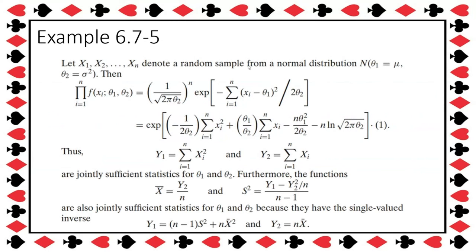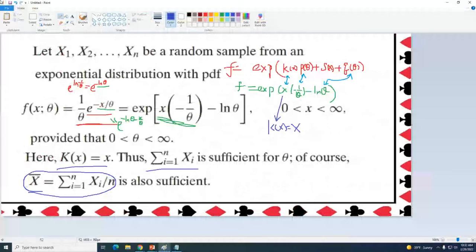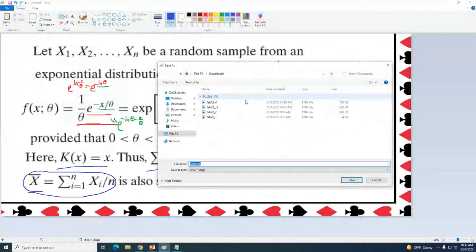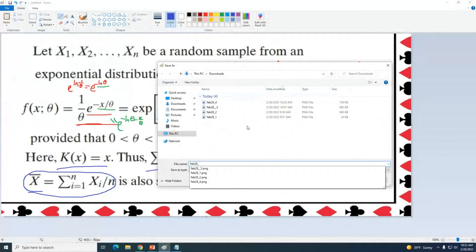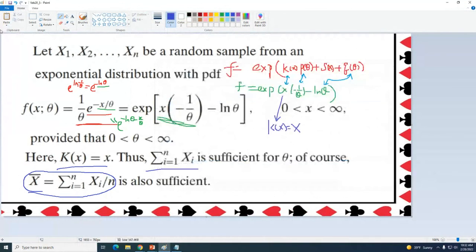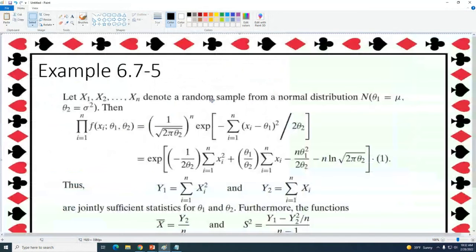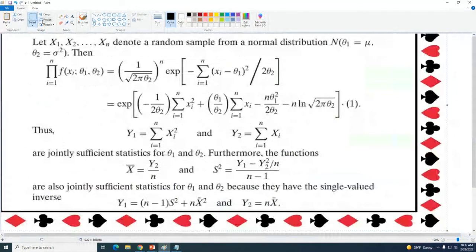I think that has something to do with what we had before. Earlier we were saying that if you calculate the expectation of s squared, it would equal sigma squared, right?